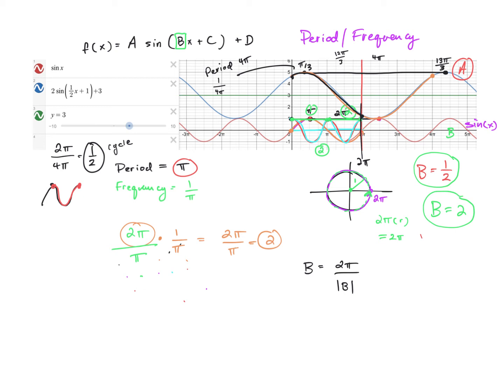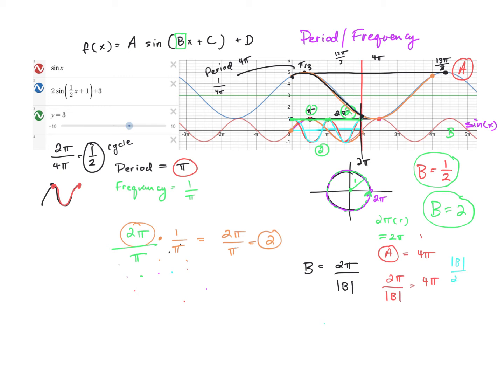So for example, if I use my A graph, which has a function period of 4 pi, then what is my b? Well, I could say 2 pi over b needs to be equal to 4 pi. What I usually do to solve for b is give it a quick flip, which you could do in math.